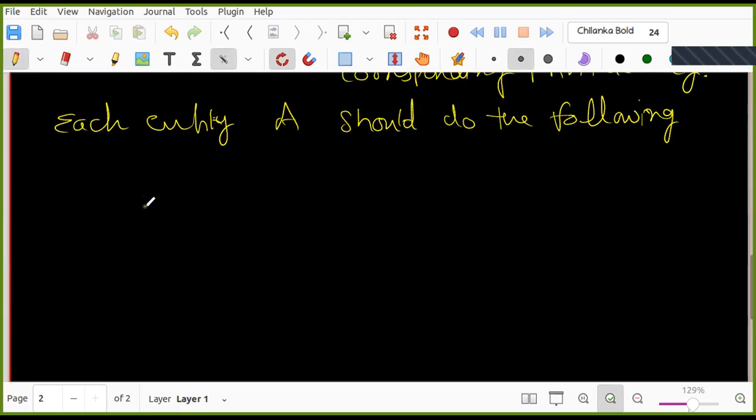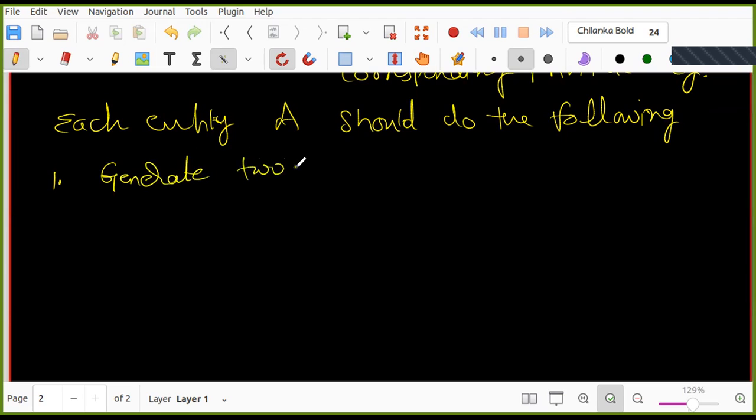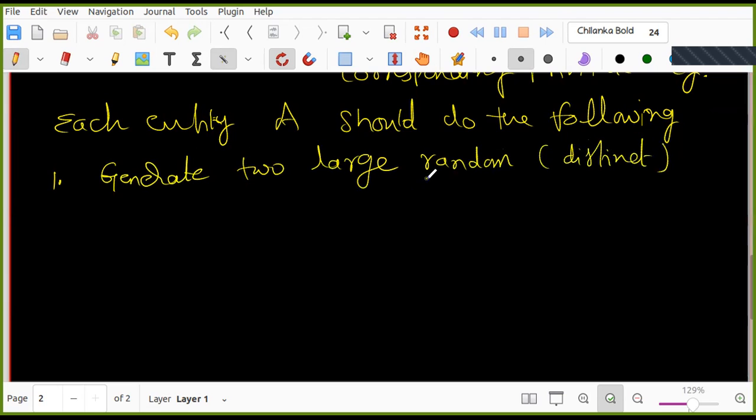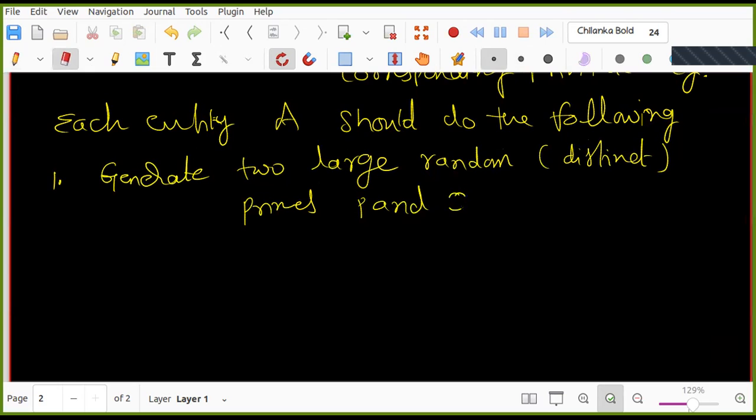So what they will do, first they do the following. First they generate two large random distinct primes P and Q. So I hope my writing is okay.